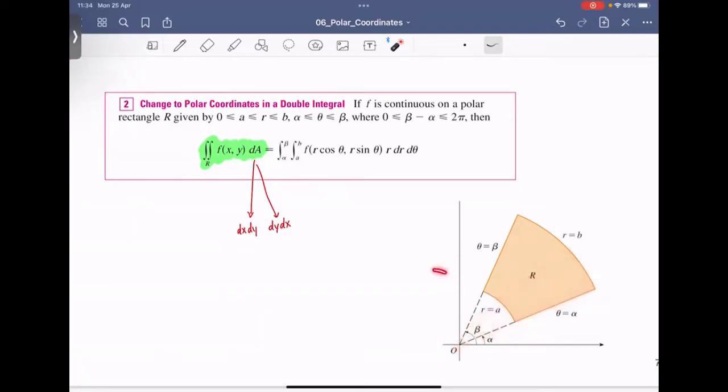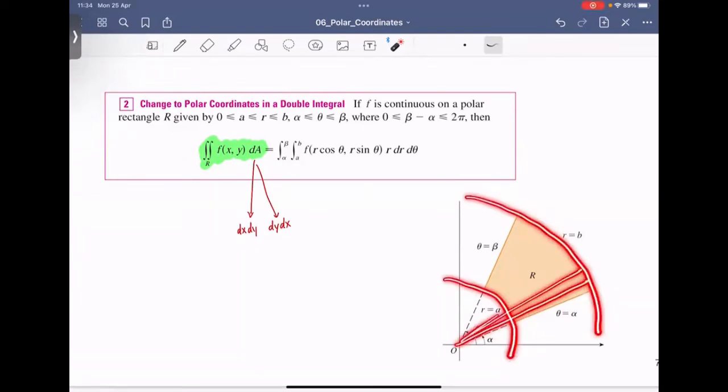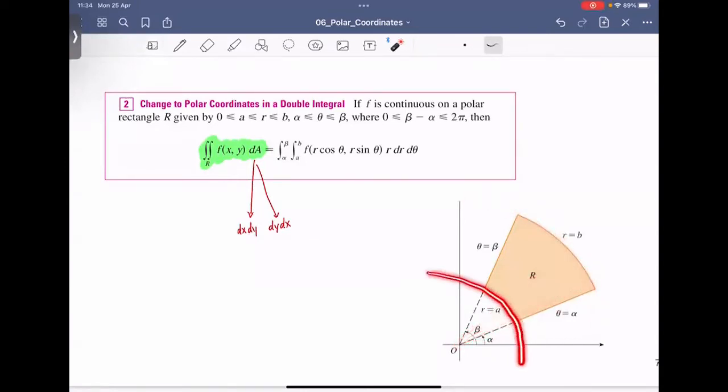The one on the bottom is called the bottom curve, and this one is called the top curve, because every time you draw, it's going to be like a cone here.